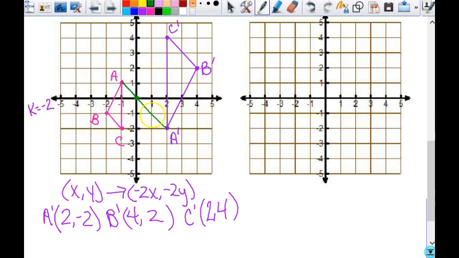So A prime is twice as far from the origin as A is, and the same is for B and C. But it's twice as far and got rotated around. Where if it didn't get rotated, if this was a positive 2, then A prime would be right here. Does that make sense to you? It would just still connect like that. Everybody good? Any questions? All right, so you work on the next one while I hand out the homework and check roll.